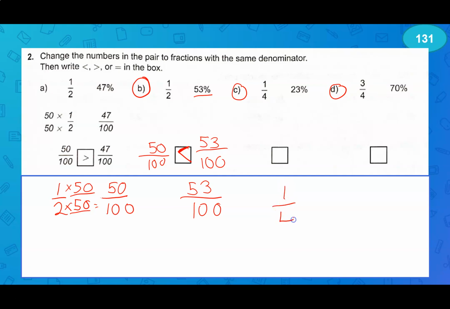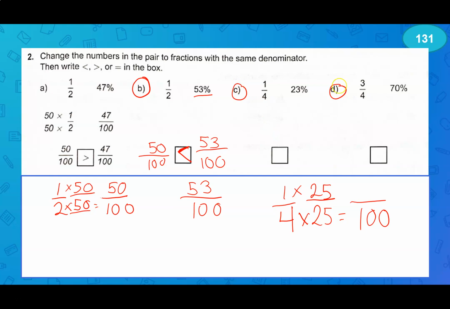Let's start with 1/4. If our goal is to get this to be an equivalent fraction with a denominator of 100, we must multiply 4 by 25. Think about 4 quarters. If you have 4 quarters in your pocket, you have 100 cents. Go ahead and finish this by multiplying the numerator by 25 as well.